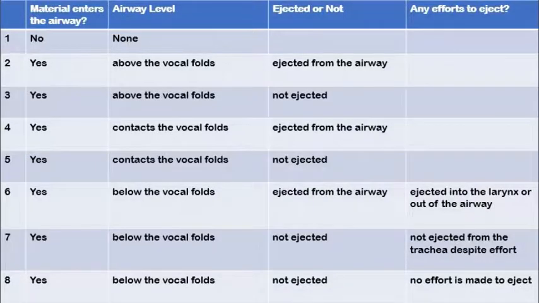The penetration aspiration scale is an 8-point scoring system reflecting the severity of aspiration by the depth of the invasion of the aspirate material down the airway, starting with 1, in which there is no aspiration, the material does not enter the airway, the examination is normal, and the most severe form of it, number 8, in which there is silent aspiration: the aspirate material goes all the way below the vocal folds into the trachea or even the bronchi, is not ejected, and there is no attempt at cough because there is failure of the sensory as well as the motor mechanisms to clear the airway from aspiration.